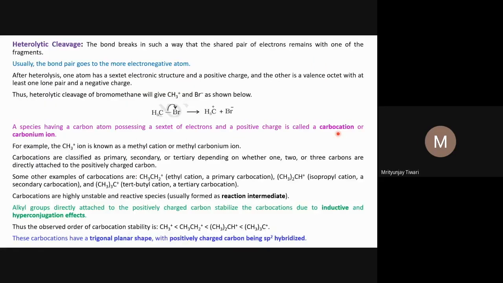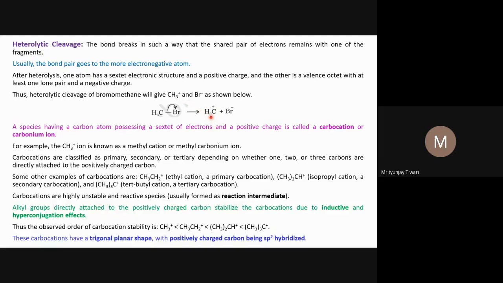When we see the methyl carbocation, its shape is similar to that of the BH3 molecule. The BH3 molecule has a sextet of electrons on boron, and it is trigonal planar. BH3 is not stable in the monomeric form, so it forms a dimer, as we know, and the dimer formation is because of the sextet of electrons.